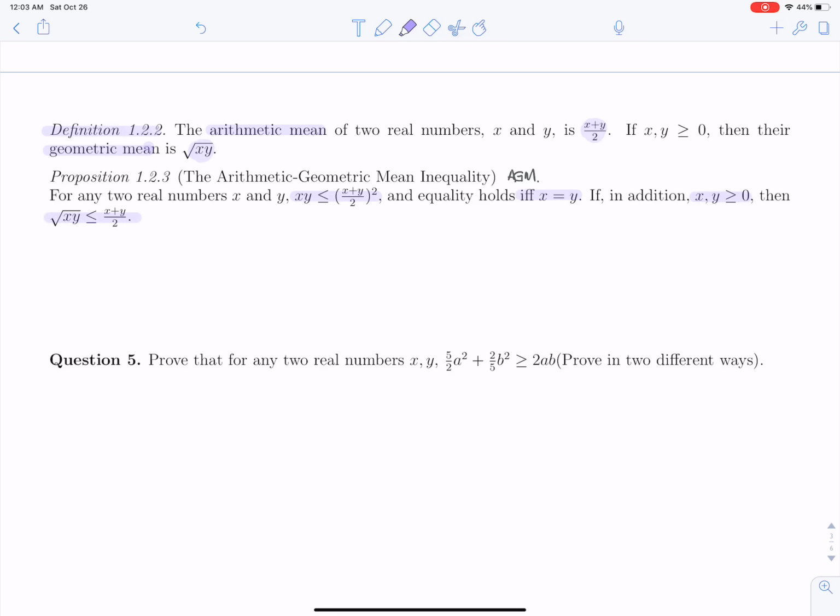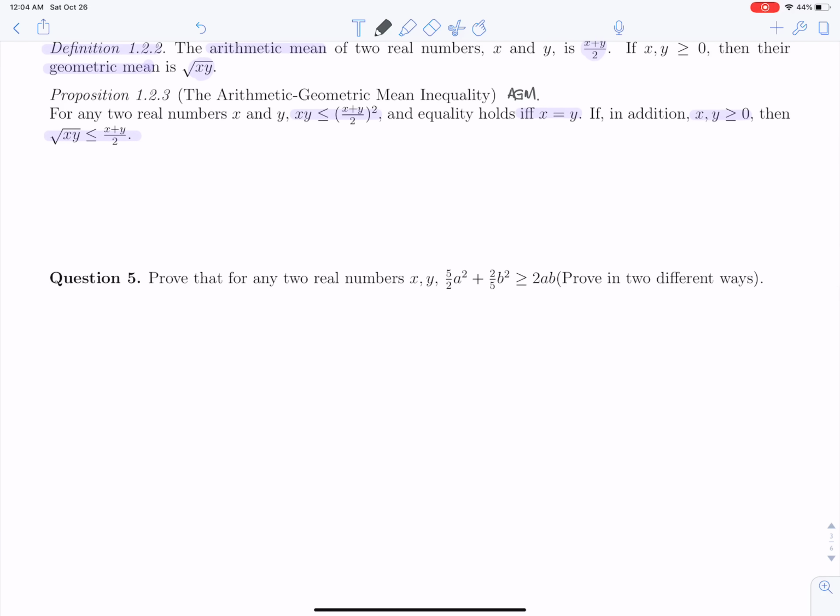Alright? Make sure you know them by heart. Please make sure your AGM is correct. Don't memorize it wrong. I saw a lot of students memorize their AGM wrong and got 0 on the question. I really don't want to see that this year again, okay?